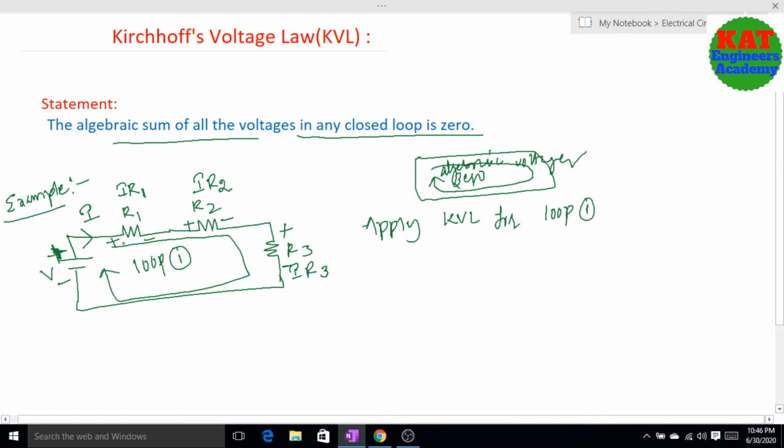So based on that, positive, negative, positive, negative, positive, negative. For the applied voltage, here negative, here positive. The applied voltage is V. The drops are I into R1, I into R2 and I into R3.